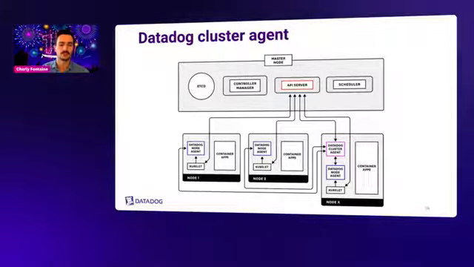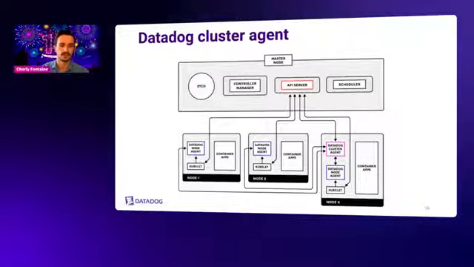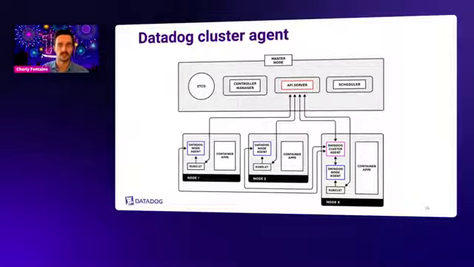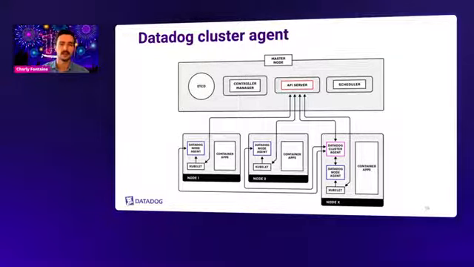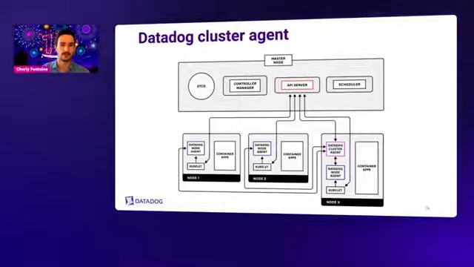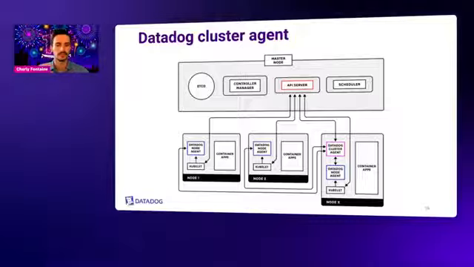Its first role was to provide the cluster level metadata to all the agents as a proxy, essentially. But then we discovered that we could leverage it to have a separation of concerns so that the cluster agent would pertain to the cluster level orchestration.